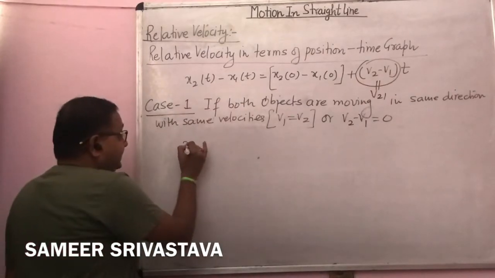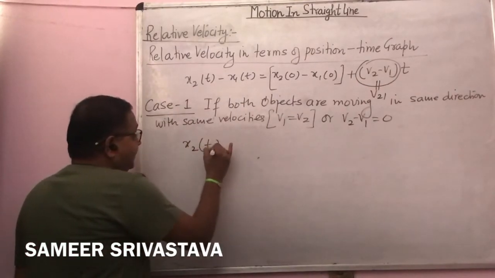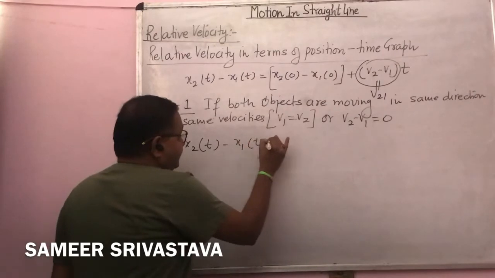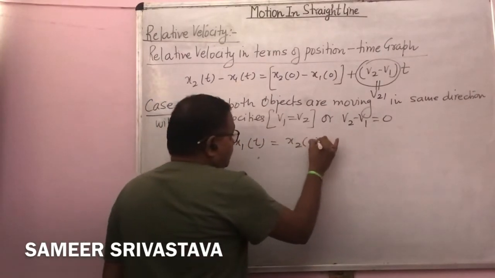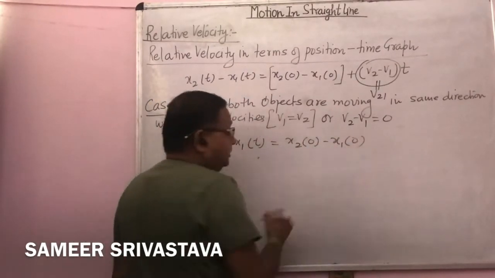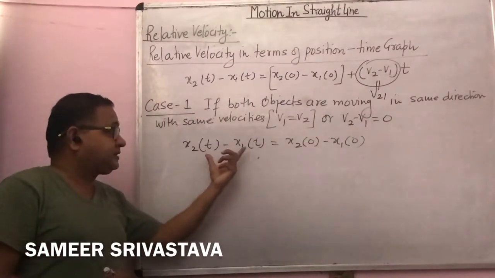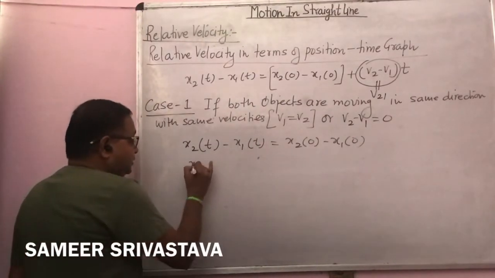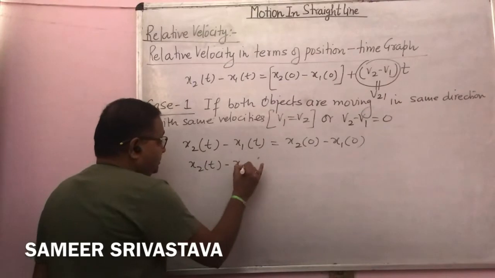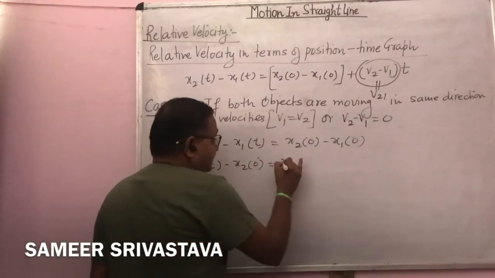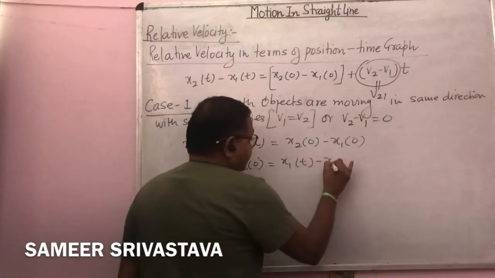Now we can write x2(t) minus x1(t) is equal to x20 minus x10. Okay, and what is this? x2(t) minus x20 is equal to x1(t) minus x10.